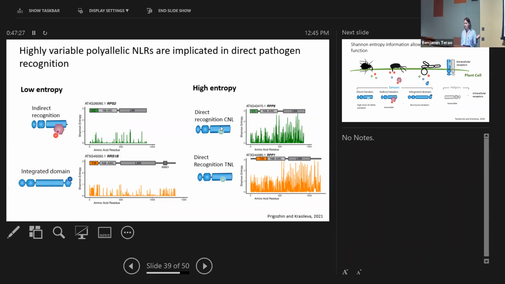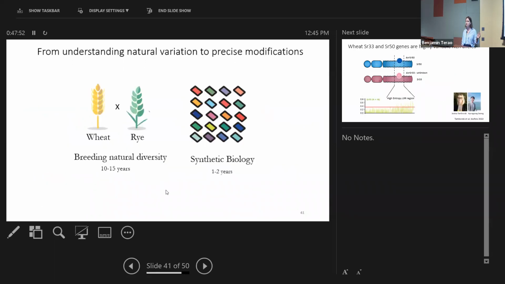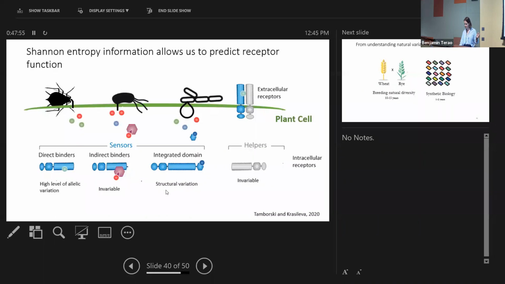But receptors that are known to directly bind the ligand, so they act through direct recognition, have signatures of high entropy. And so we think now that using this comparative genomic and diversity metric analysis, and we've done it now for crops too, we can pick out which of these receptors would be directly tracking the pathogens versus those that functionally work through other methods. And we can also predict ligand binding sites for those receptors.